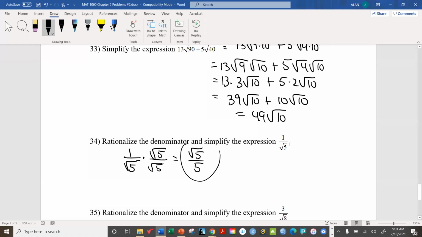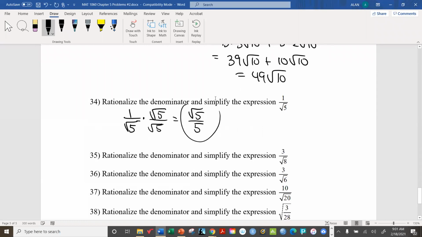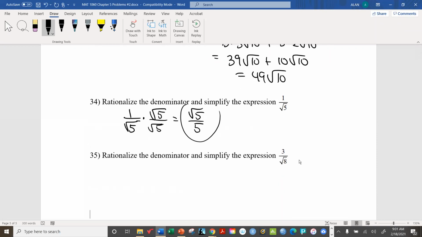All right, now, what about this one? 3 over radical 8. This time we'll multiply by radical 8 over radical 8. This ratio is always this number divided by itself. Okay, so 3 radical 8 over 8. Now, here's the thing though.